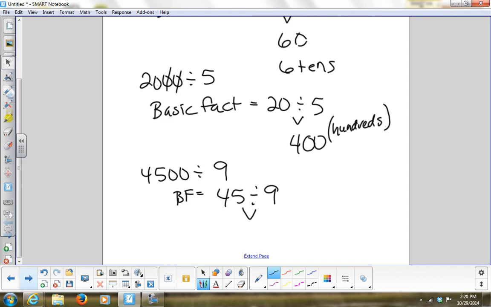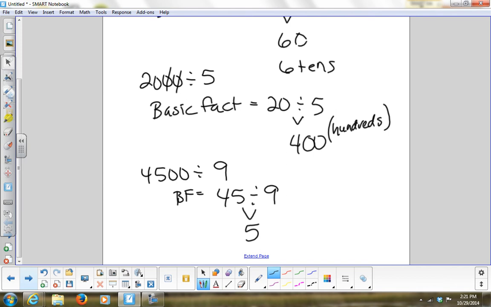Levi, what is 45 divided by 9? What times 9 equals 45? Alexis? Oh, 5. You're right, Levi. My bad. Sorry. I was thinking the other way around. I was thinking 5 times 9 is 45.